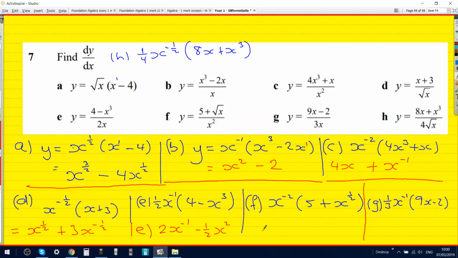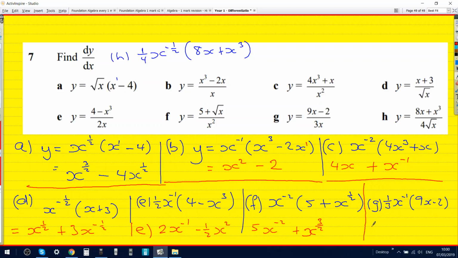F. 5x to the minus 2, x, plus x to the 1.5, 3 over 2.